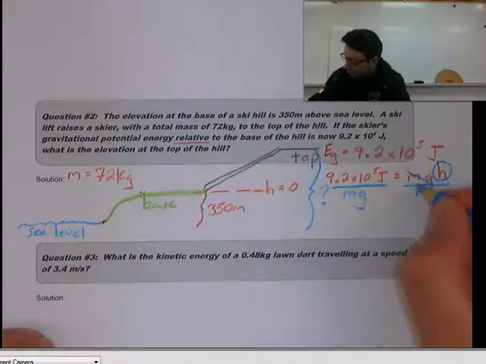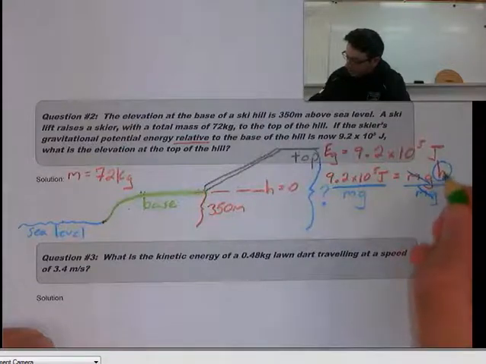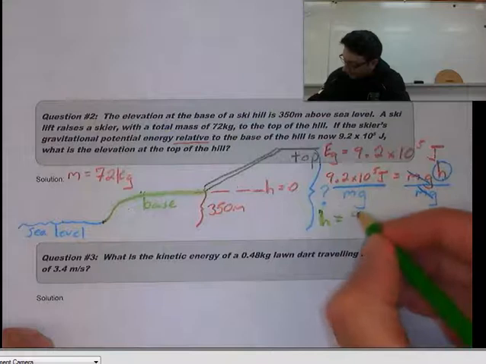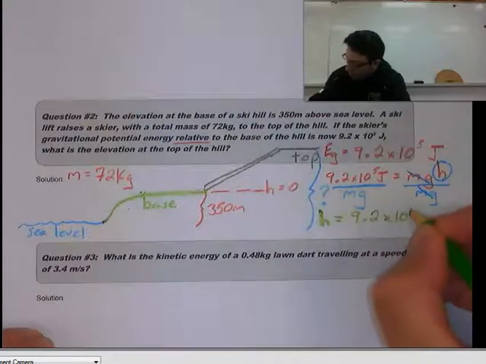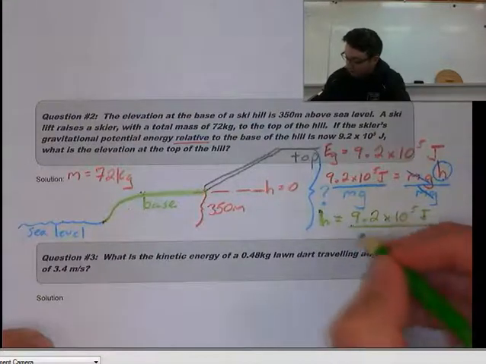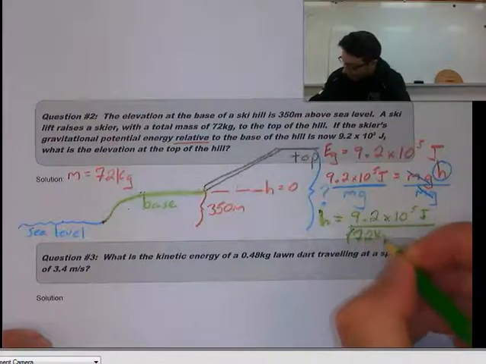So they cancel here. So we're left with h equal to 9.2 times 10 to the 5 joules, all divided by mg, where m is 72 and g is 9.8.